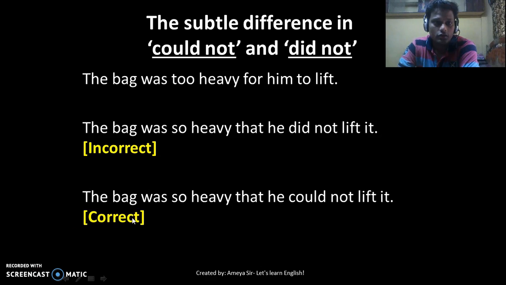The right thing to say will be that the bag was so heavy that he could not lift it. It's a question of him not being able to lift it because it was so heavy. I want you to be clear with the understanding here. And if you say did not, it would be wrong.